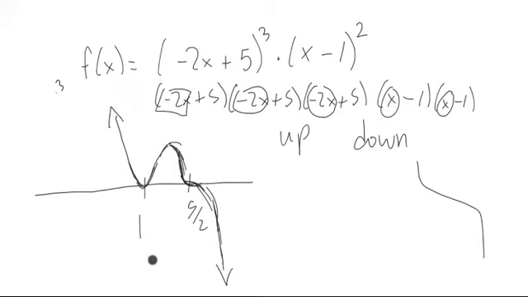Now, what about if we had something like x to the 7th? X to the 7th actually looks a little like a cube too. In fact, anything with an odd power other than 1 looks like a cube where it momentarily flattens. So if I were to have changed this particular function so it was a 7 here, honestly, it would have looked a lot the same, even if you added in 4 more factors of this.